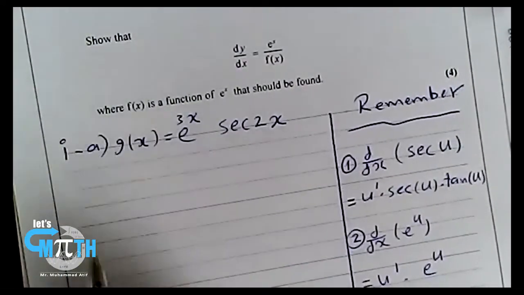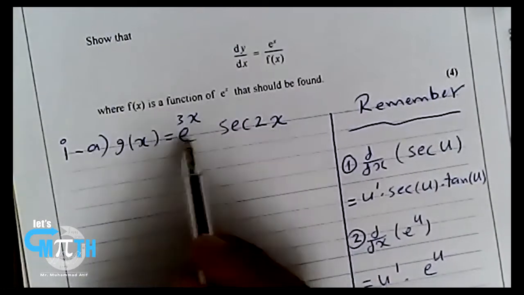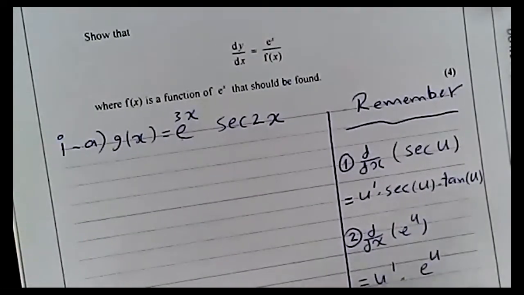Finding the derivative here, because this is a product of two functions of x, we'll use the product rule, which is u times v dash plus v times u dash.